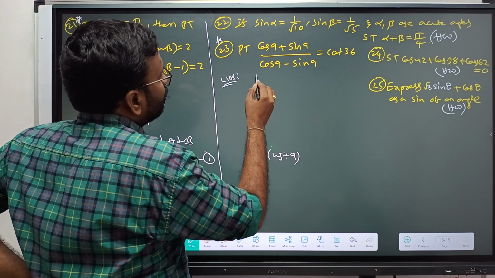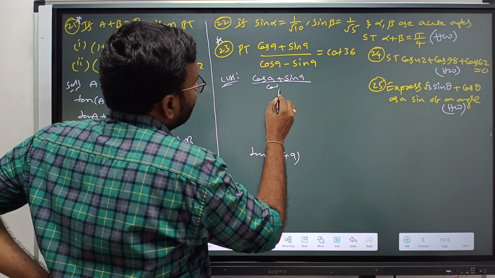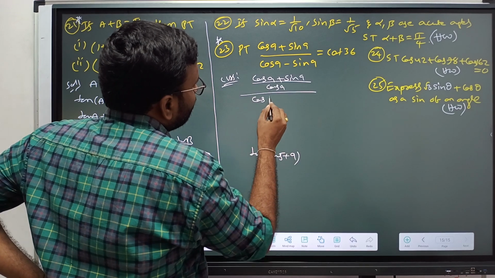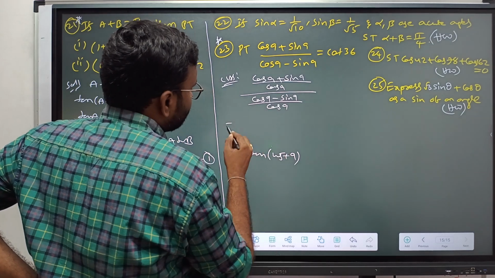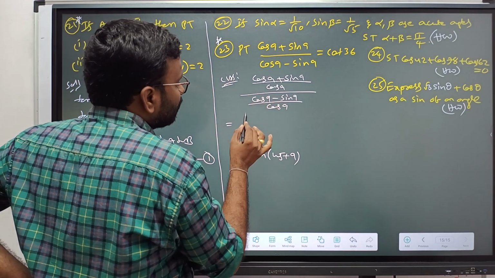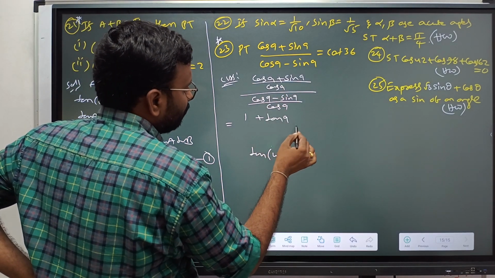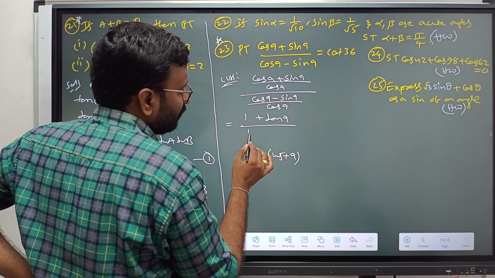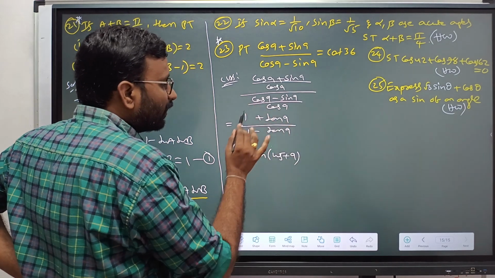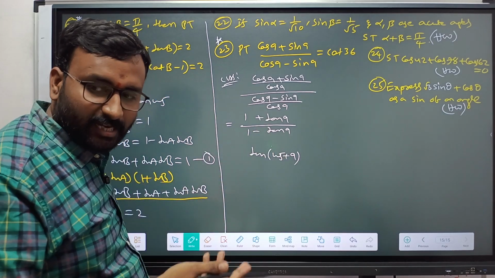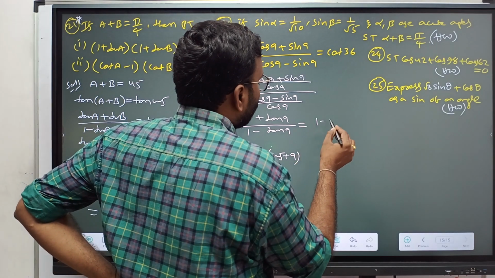LHS. Cos 9 plus sin 9 by cos 9 minus sin 9, dividing by cos 9, which is equal to cos 9 by cos 9 is 1, sin 9 by cos 9 is tan 9, over cos 9 by cos 9 is 1 minus sin 9 by cos 9, tan 9. 1 plus tan theta by 1 minus tan theta is tan of 45 plus theta, which is equal to 1 plus tan 9.